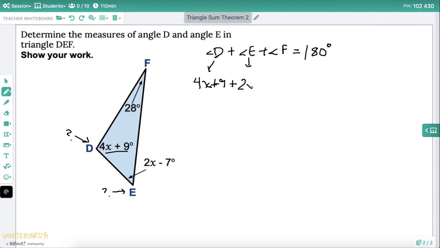So 2x minus 7. And then F is simple. We don't have to figure that out. That's 28. And each number here has a degree symbol, so we don't forget. And all of these have to add up to 180 degrees.